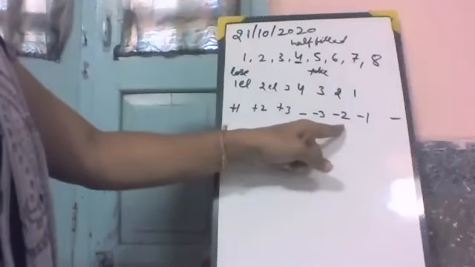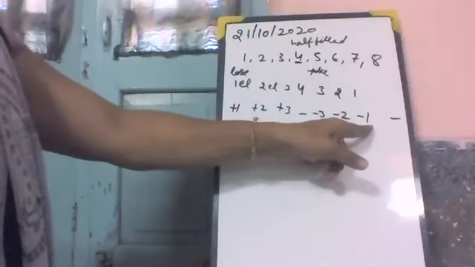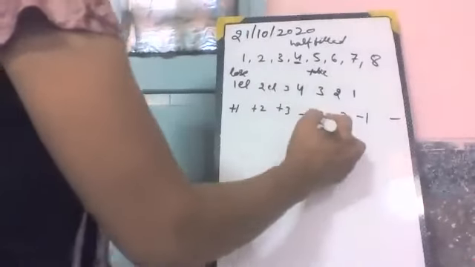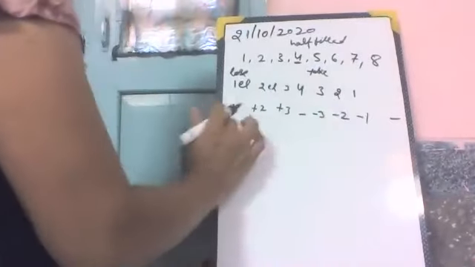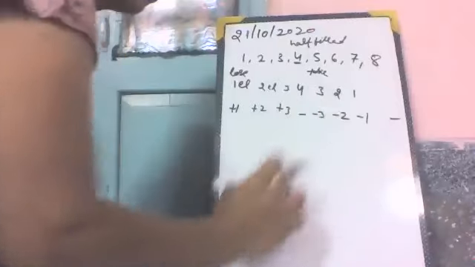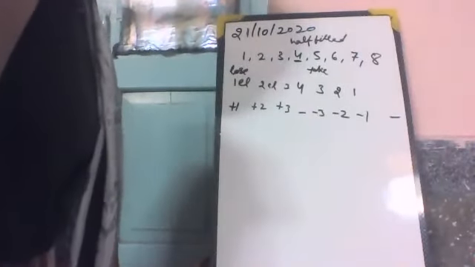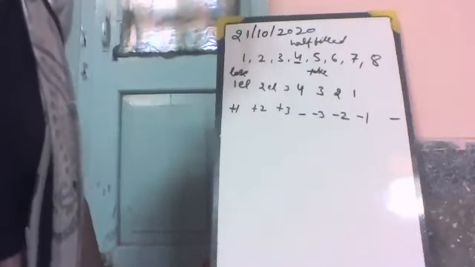Taking 2 electrons, -2. Taking 1 electron, -1. So there are two types of valency: electropositive valency and electronegative valency. We will see the types of valency in the next class.